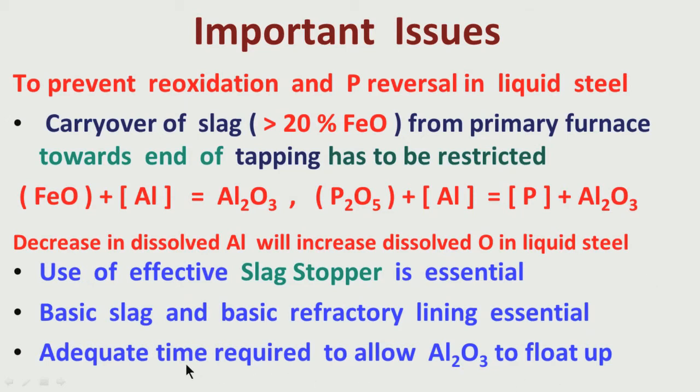I have mentioned that we have to give adequate time for these alumina particles to float up. During deoxidation we are generating alumina. I have told you that generation of alumina takes place very fast, but the floating up of this alumina takes time.